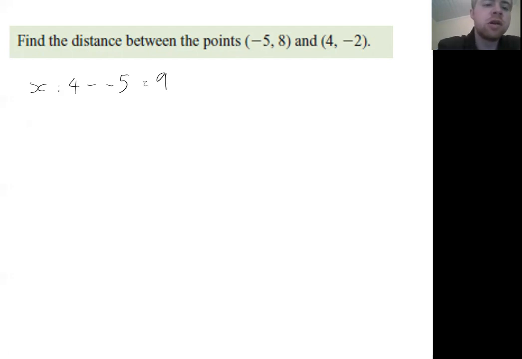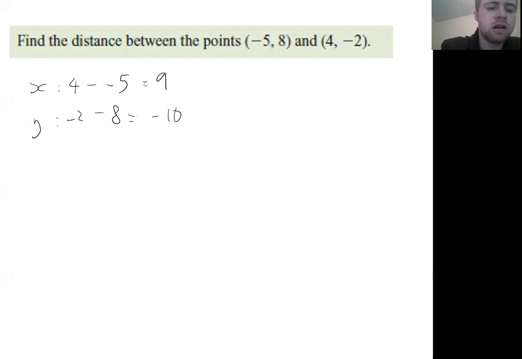The vertical component: -2 minus 8 is going to be -10. Now, if you get a negative number, it doesn't matter because we're going to be squaring it anyway. So we can still use that as our value.